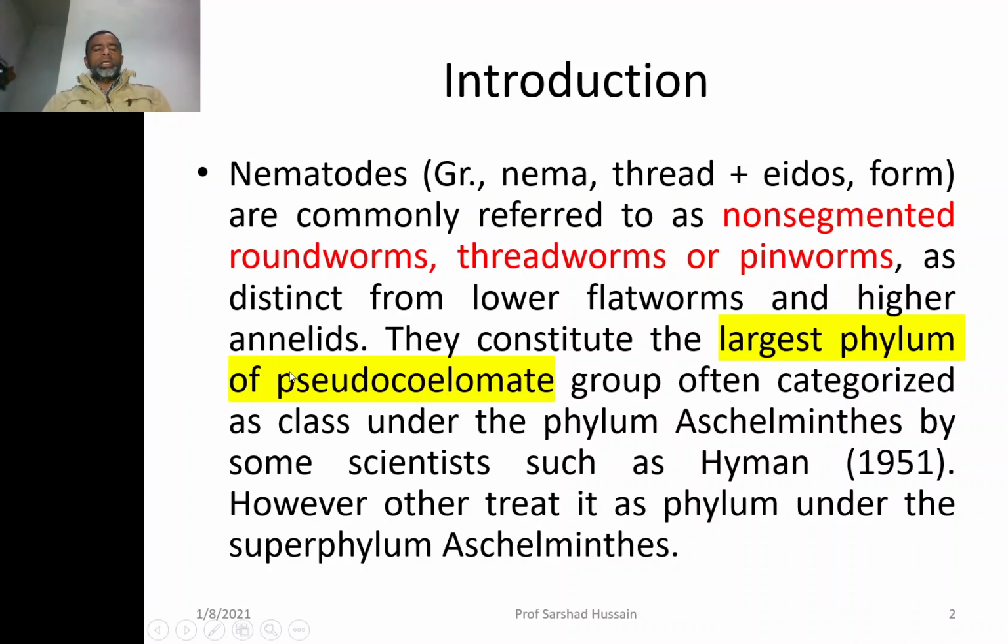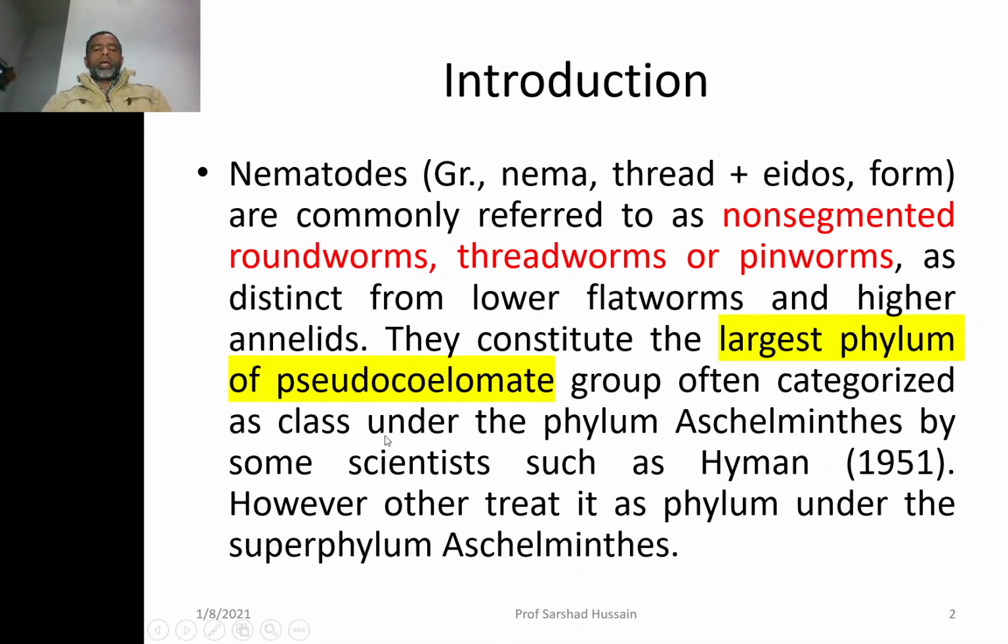No, sorry, that was acoelomate. But this phylum is pseudocoelomate. It does not have the true cavity. True body cavity means a cavity which is lined by the mesoderm from all the sides. So this is the largest phylum which is having the pseudocoelom in their body.